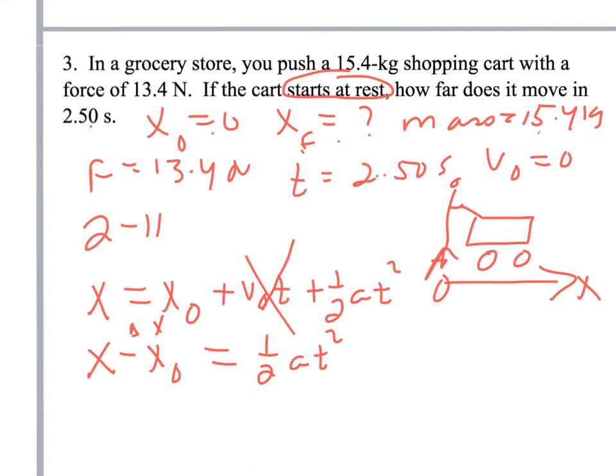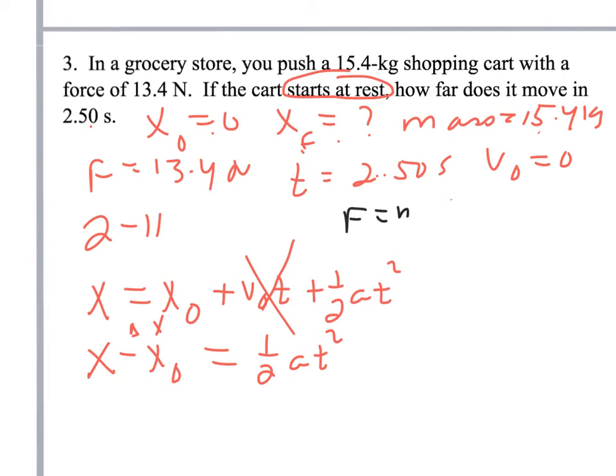But we don't know what a is. We need to calculate it; we're not given that value. So I'm going to erase our little shopping cart here because we need some space to solve for a. We're going to take advantage of F equals ma, and we want to solve for the acceleration, so a equals F over m.